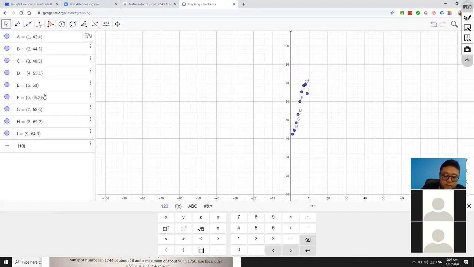56.8. See, it's starting to go down, right? Yep. And then November's 51.7.